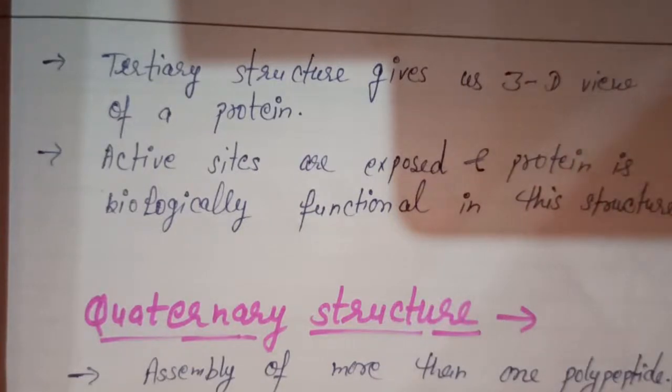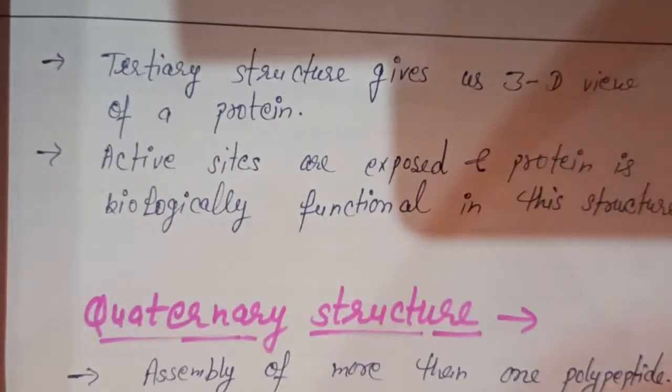So we can say in tertiary structure form, protein is functional. Okay, it is in its active form, right? It can form any enzyme, because enzymes are formed of protein, and those enzymes are required for various metabolic reactions in our body. So protein becomes active in its tertiary structure form.